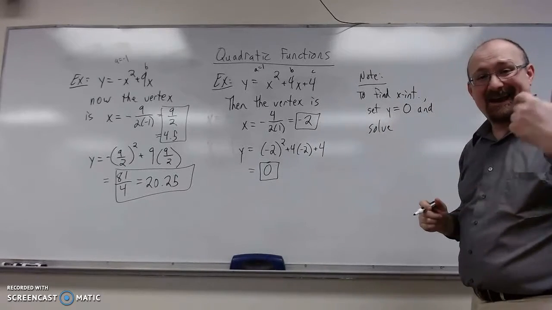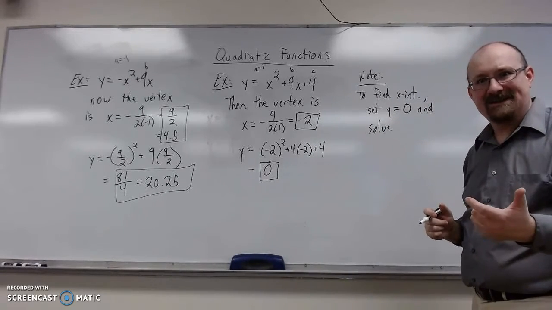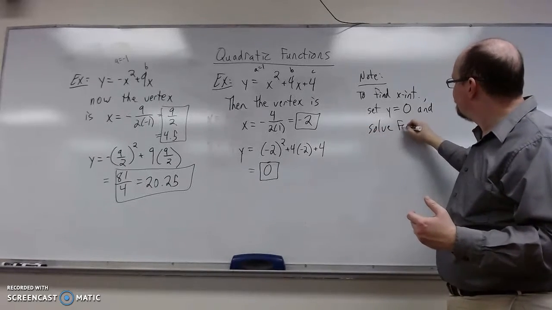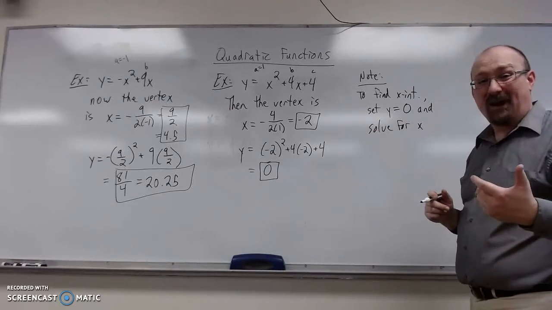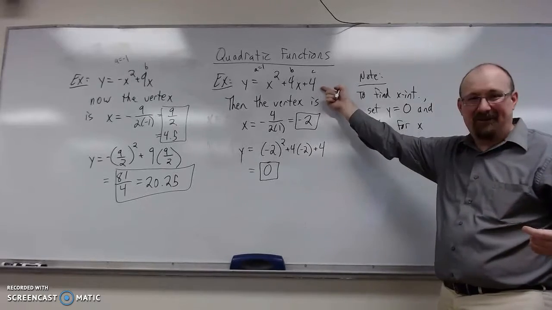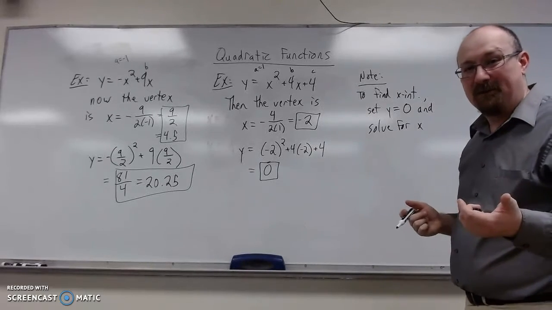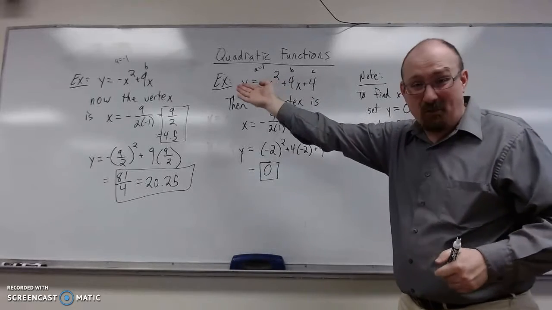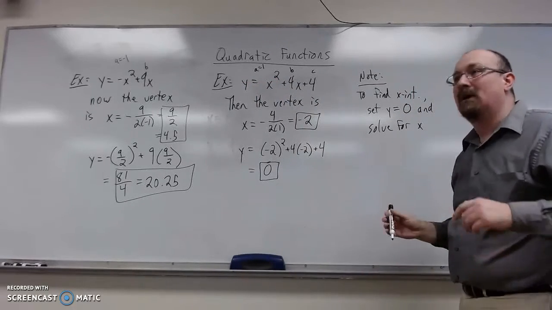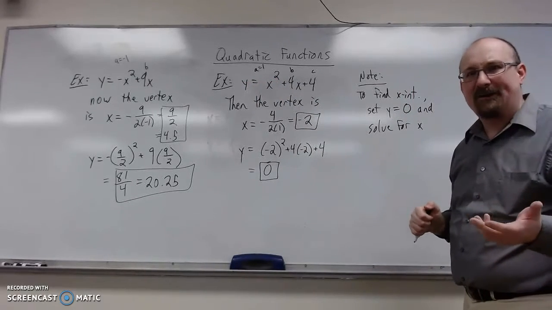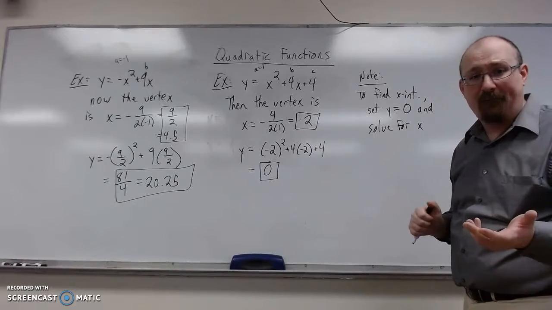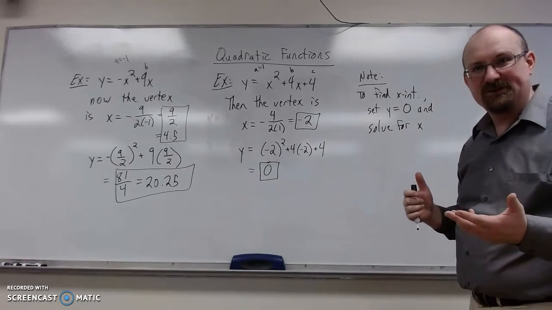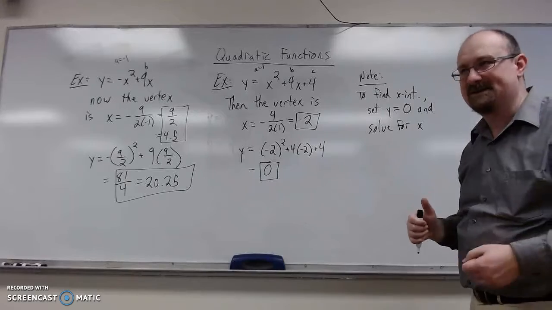The idea is at an x-intercept, your y-coordinate has to be 0 because there's no change vertically speaking. Then you'll have a quadratic equation like x squared plus 4x plus 4 equals 0, or negative x squared plus 9x equals 0, and then using either factorization or the quadratic formula, you can work out the x-intercepts, get the x coordinates.